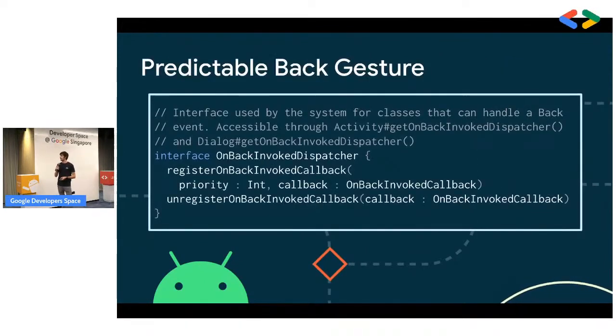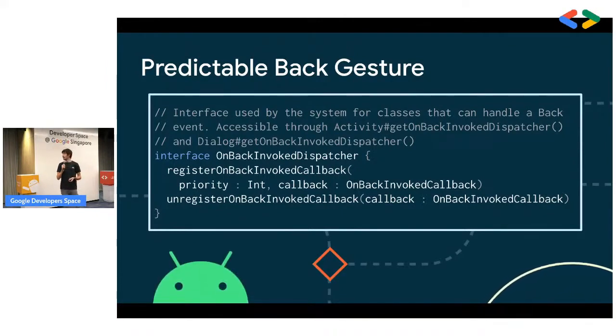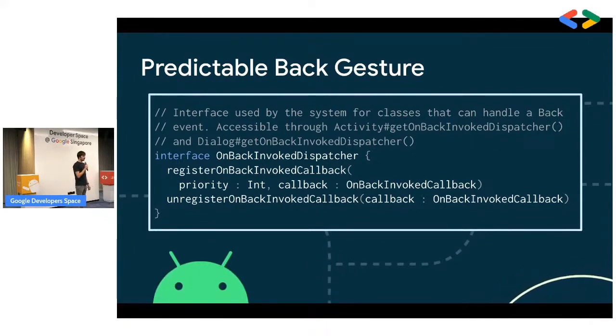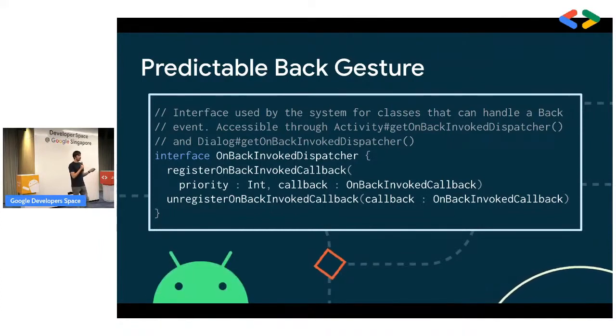Other stuff. Predictable back gesture is a new API that will change the way we handle back navigation on Android. This is a really important change to enable better transitions and be more predictable for users. Where is the app or the activity going to go when they make the gesture to go back?